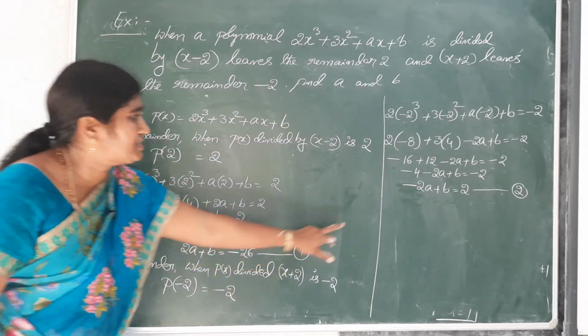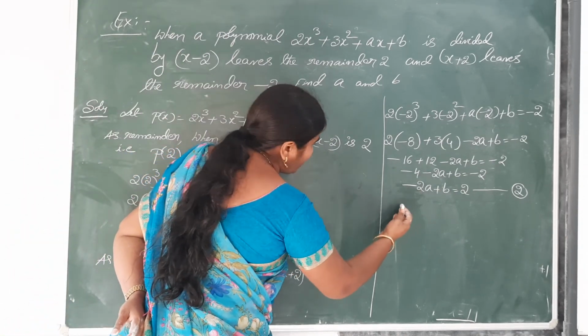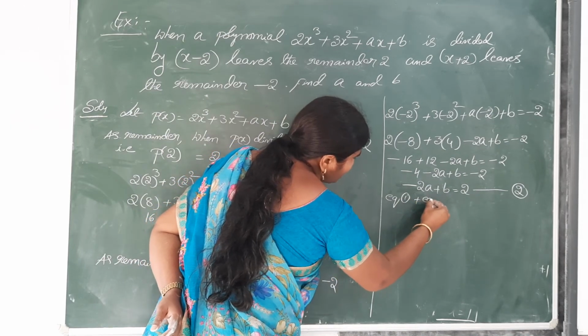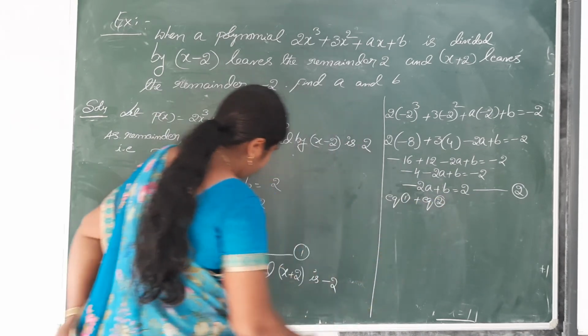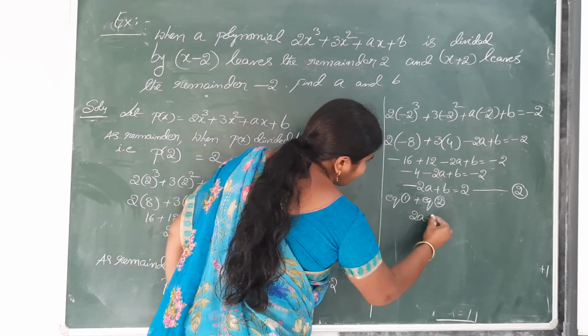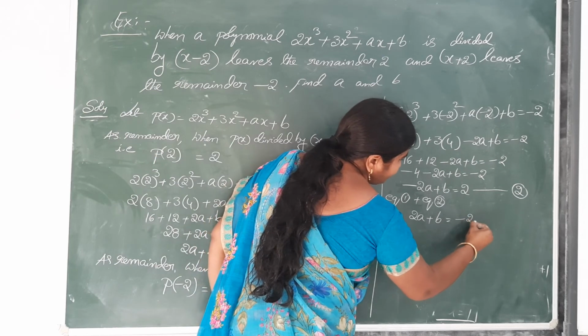Solving these equations, equation 1 plus equation 2. First equation: 2a plus b equal to minus 26.